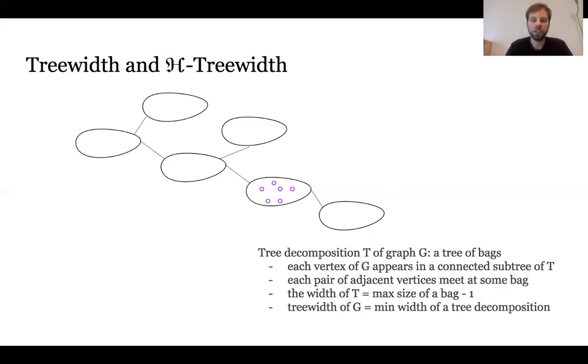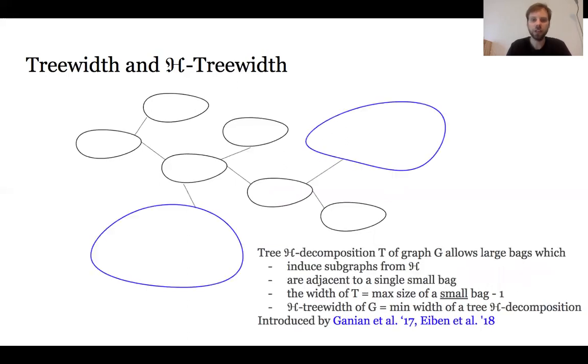So the simplest idea to make this concept aware of some graph class H is to allow arbitrarily large bags, some special bags, as long as they induce subgraphs from the target class H, and each special bag is adjacent to only one regular bag.